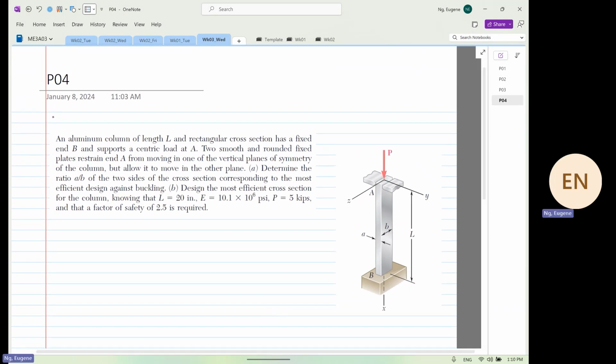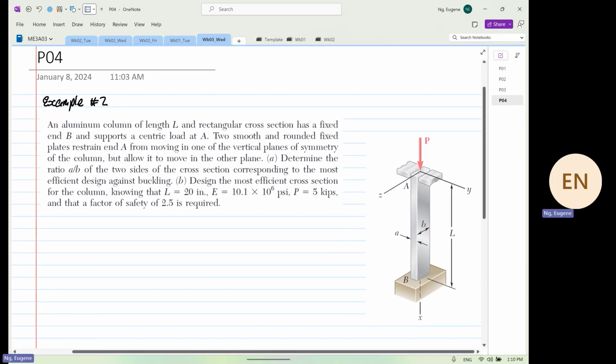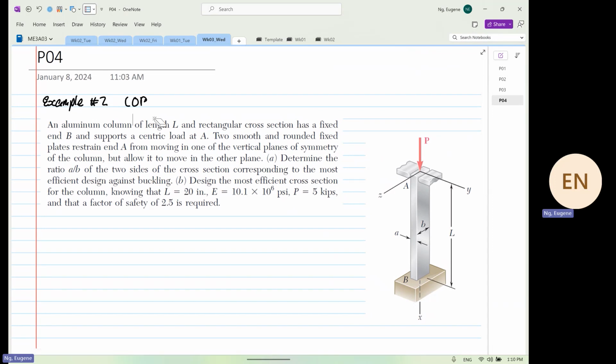So example number 2. I think it's a very interesting problem. Now, example number 2, I like to highlight, I will spend more time on this example because there is a sense of optimization over here.